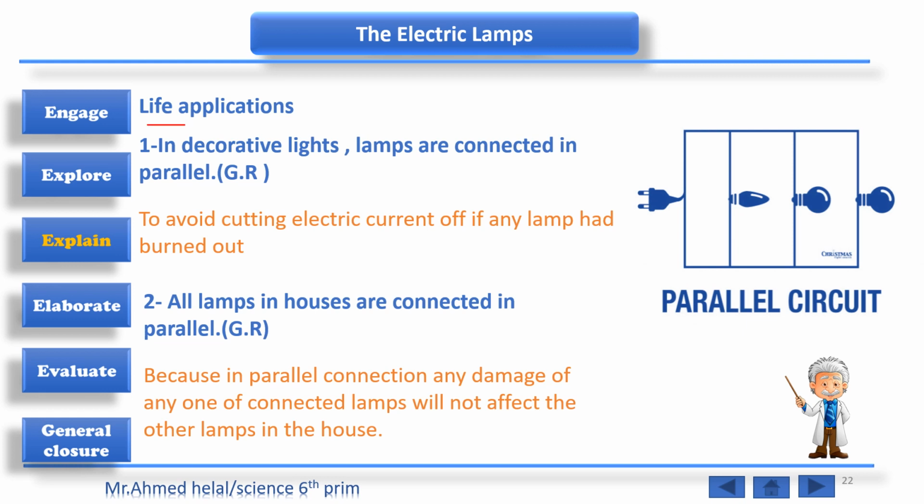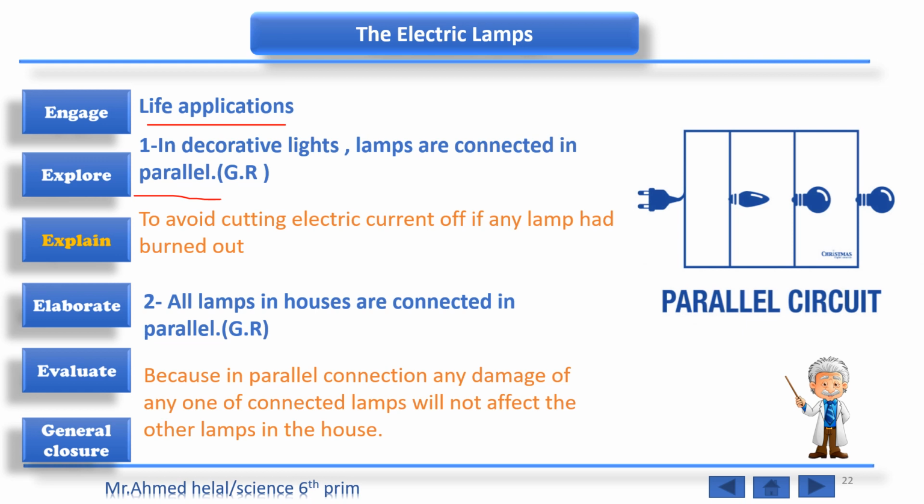And now let's talk about light applications. In decorative lights, lamps are connected in parallel, to avoid cutting electric current off if any lamp has burned out. If we connect them in a series connection and one lamp burns out, we will lose the whole electric circuit.